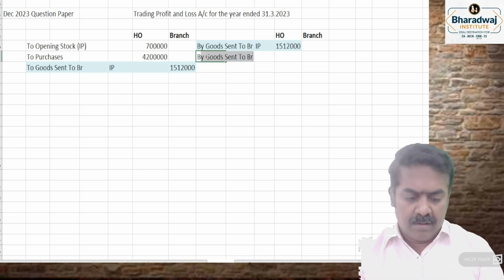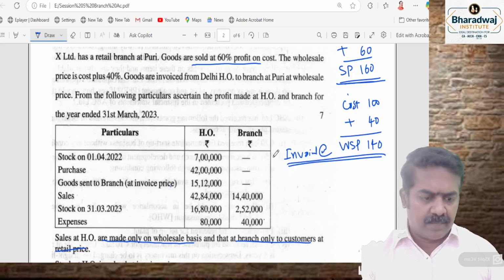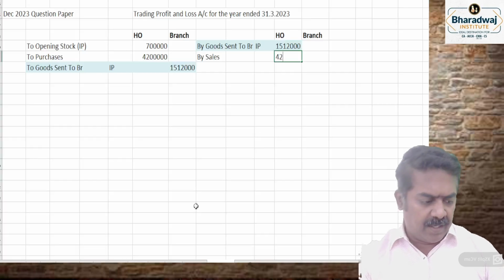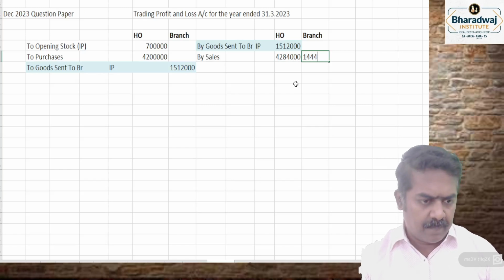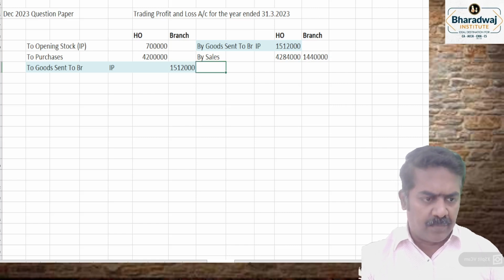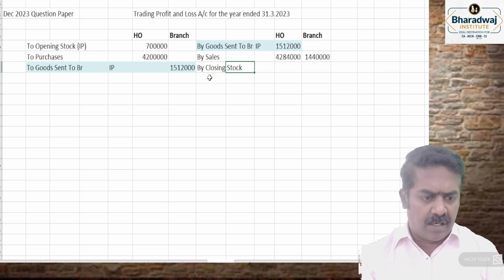Then by sales. What is the sales given for head office and branch? 42,84,000 for head office. For branch, how much is given? 14,40,000 is the branch sales. By closing stock, head office will be at invoice price.